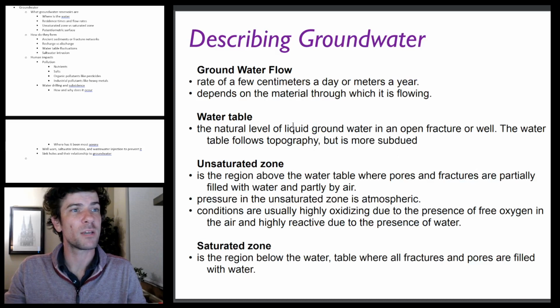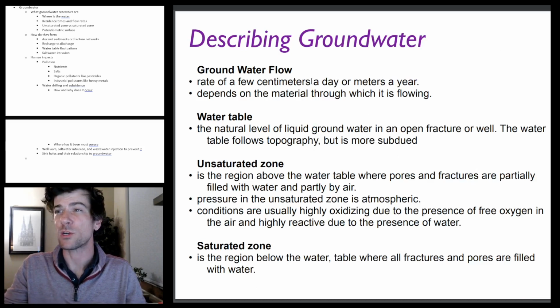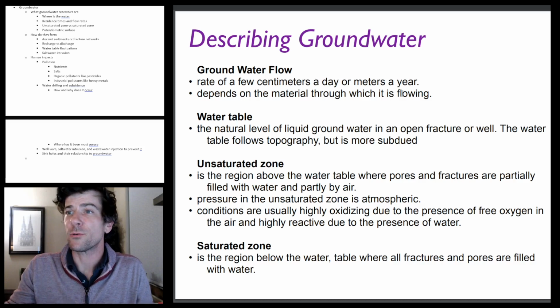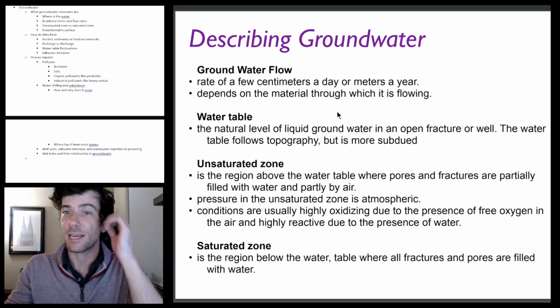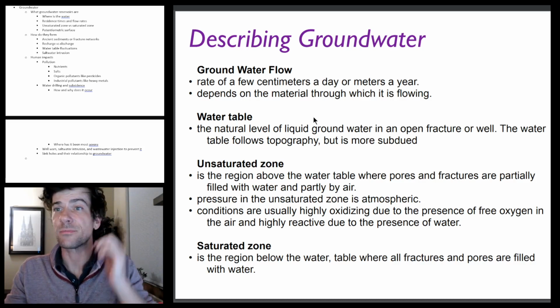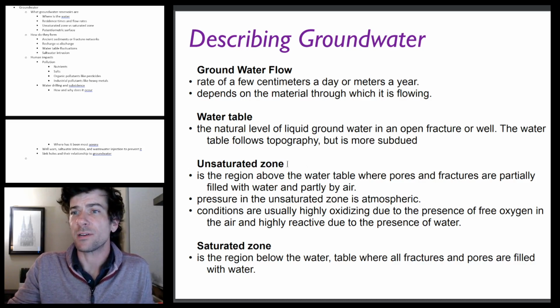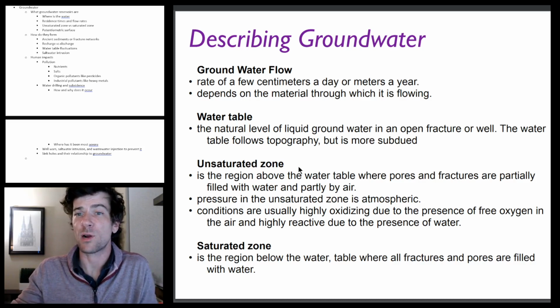If we just describe what we see, groundwater flow rates are really slow, centimeters per day or meters per year. It depends on the material through which it's flowing, but groundwater can stay in a reservoir for thousands of years. In the immediate subsurface, you have an unsaturated zone where pore spaces are partially filled with air, and that air exists at atmospheric pressure.